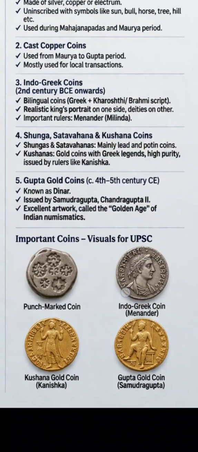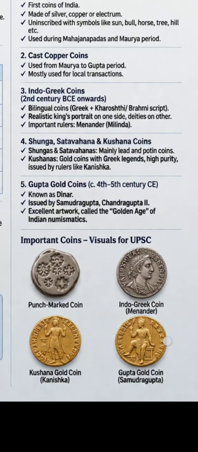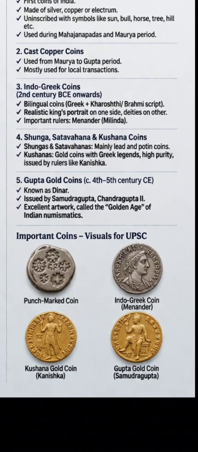You can see these four images, important coins and visuals for the UPSC: the punch marked coin, the Indo-Greek coin of Menander, the Kushana gold coin of Kanishka, and the gold coin of Samudragupta. These topics are very important.